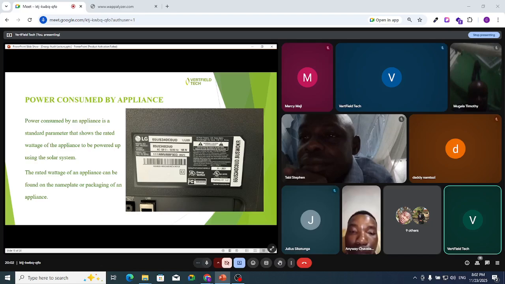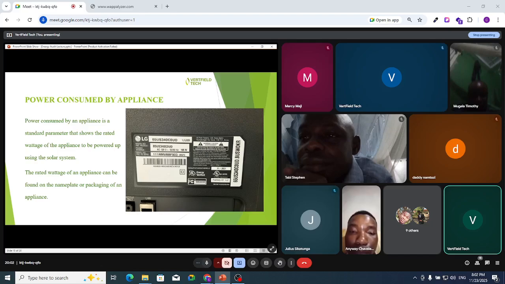So the energy consumed by this appliance, this LG TV, is 195 watts, as Mr. Daddy has rightly told us. So on our table of load analysis, the power consumed by this LG TV is going to be 195 watts.